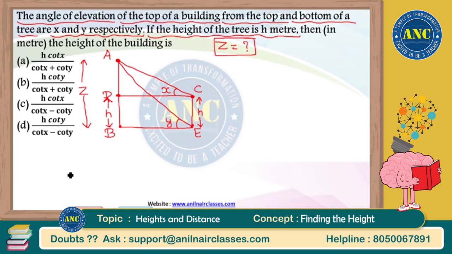But in these kinds of questions where the angles are given in terms of variables and not numerical values, height is given in terms of a variable, there is not even one single numerical value given in this question, and the answer options are also represented in terms of variables, I will only use method 1.